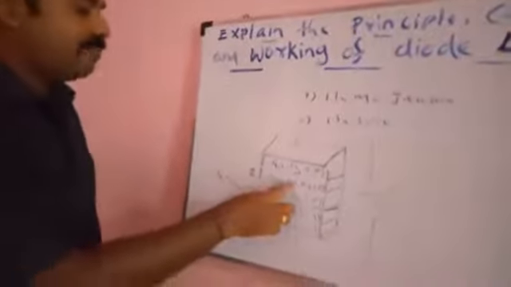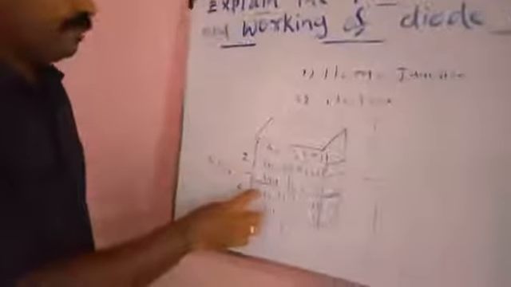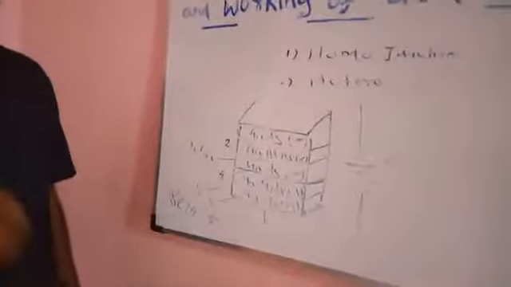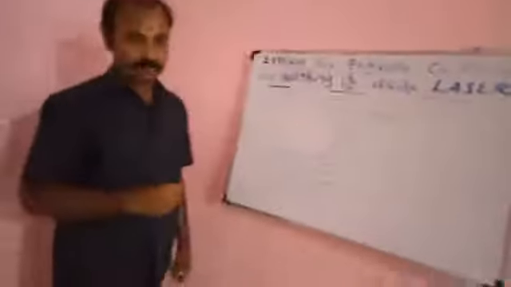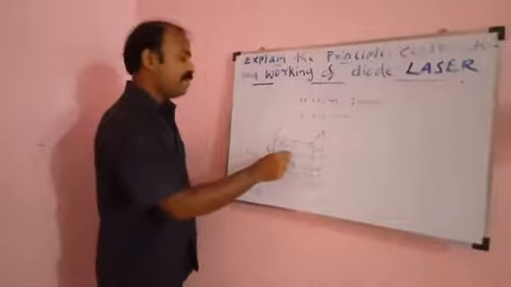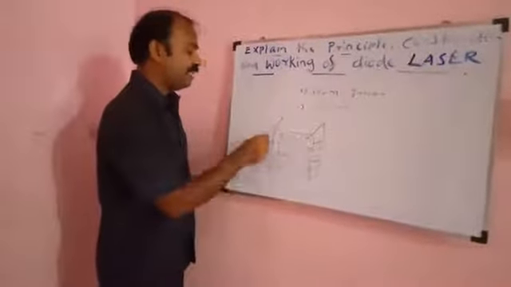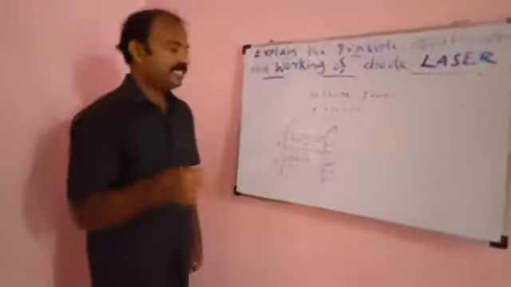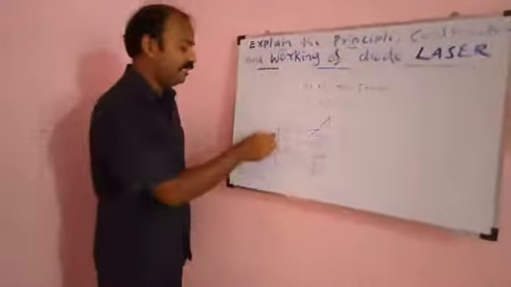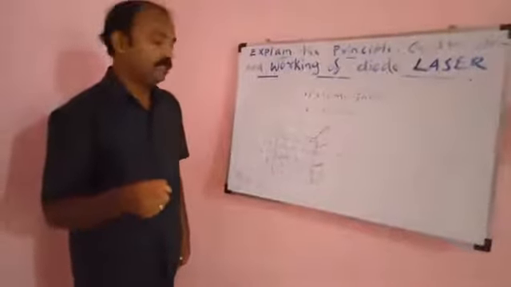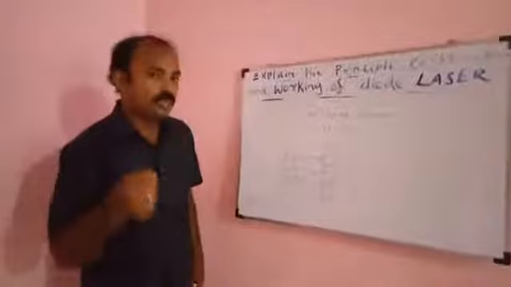that is gallium aluminum arsenide p-type and gallium aluminum arsenide n-type, have high bandwidth semiconductor, low refractive index. Gallium aluminum arsenide p-type is the second layer, gallium aluminum arsenide n-type is the fourth layer, having high bandwidth and also low refractive index.